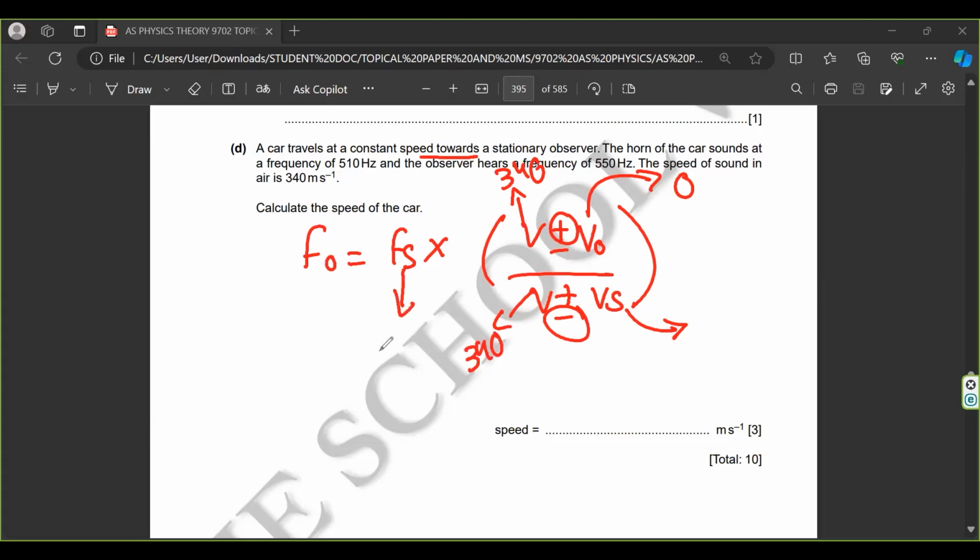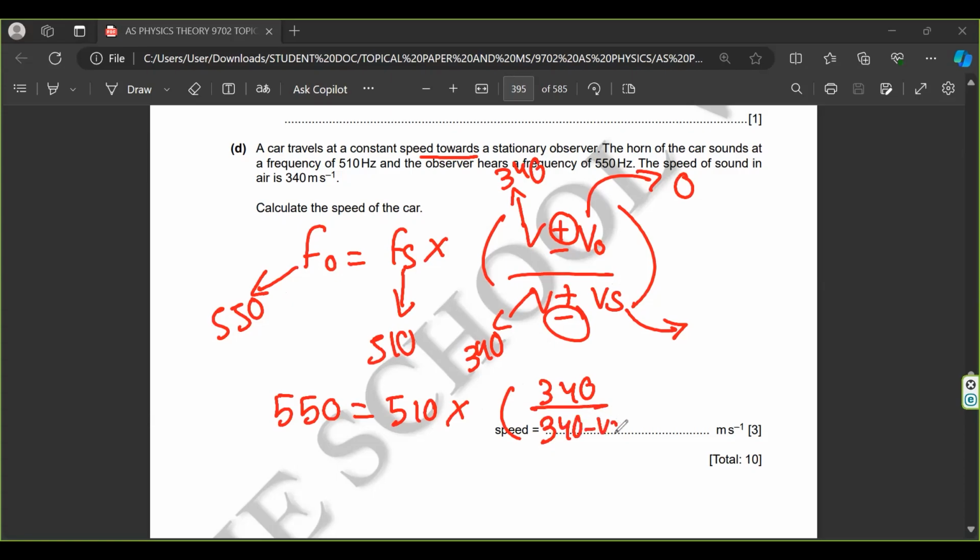Fs is the frequency of the source, and that is 510. And F naught is the observed frequency that is higher than the source, so that's 550. So 550 is equal to 510 multiplied by 340 divided by 340 minus Vs. If you make Vs the subject, you will get 24.7 meter per second. If you round it off, it will be 25 meter per second. So the car here is traveling at 25 meter per second.